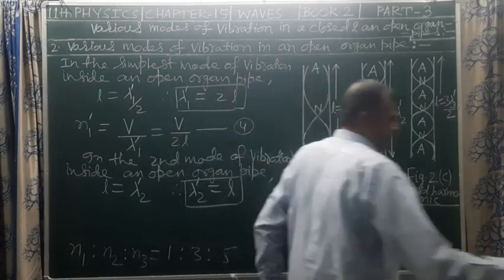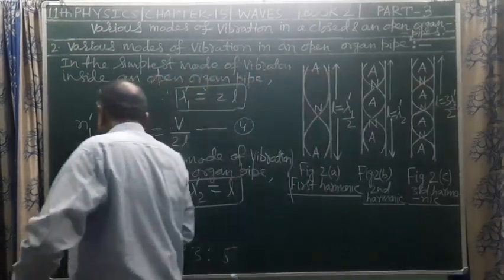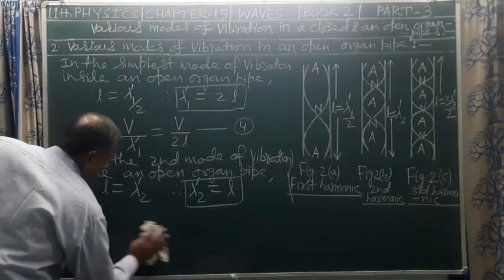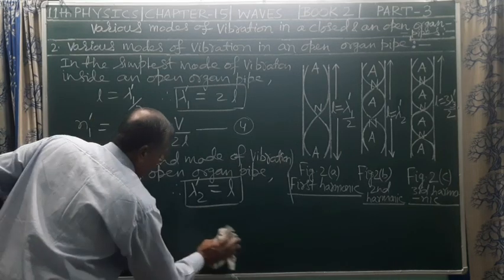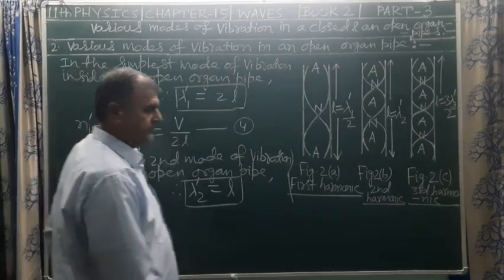Therefore the second harmonic, that is, the second frequency produced in an open organ pipe in the second mode of vibration, is N2', which is known as the second harmonic or first overtone.